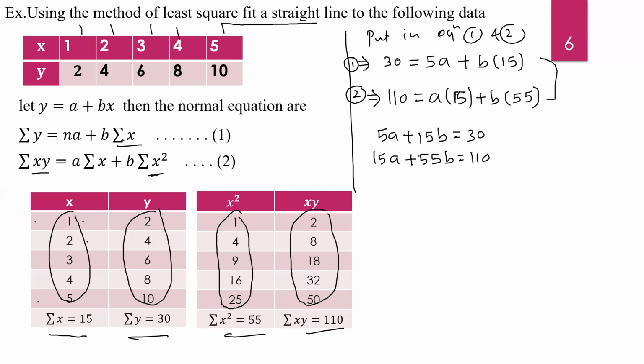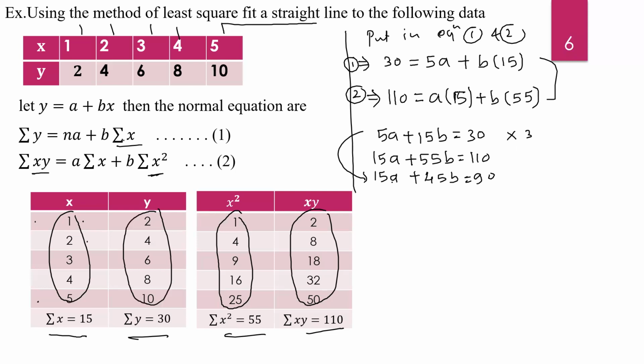So here the second equation we keep as it is, and in the first equation the coefficient of a is 5 and here 15. So how do we get the 15 here? We multiply by 3. So we get this equation as 15a, then 45b is equal to 3 into 30, that is 90.